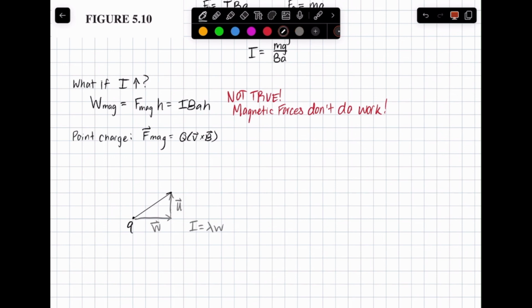And by definition, by this cross product, the magnetic force is always going to be perpendicular, right? This is v. The magnetic force is always going to be perpendicular to the displacement vector v. I'm going to write that down real quick.